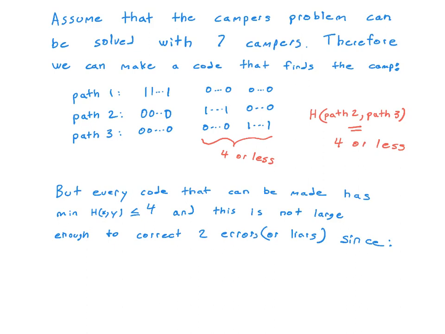The errors are equivalent to the liars that we would need to correct, and we just don't have enough to do that because the magic number for error correction to correct these digit errors is 2n plus 1. So our n value in this situation is 2, so let's plug in 2 right there. And that number there is 5, and that's bigger than the minimum Hamming distance that any code will build for us. So we won't get the error correction that we need.